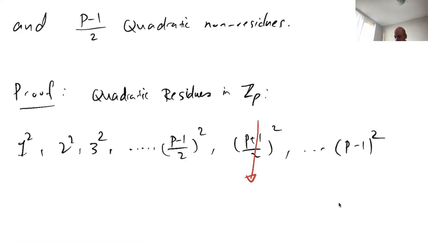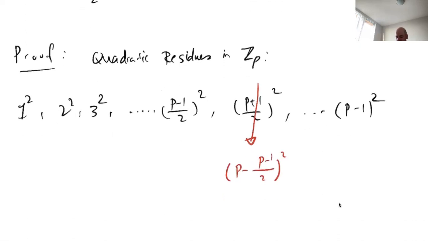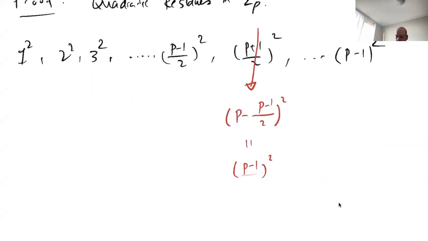Because (p plus 1)/2 can be written as (p minus 1)/2 plus 1, and modulo p, any multiple of p is 0, because remember p is 0 in Zp. So this is the same as ((p minus 1)/2) squared.